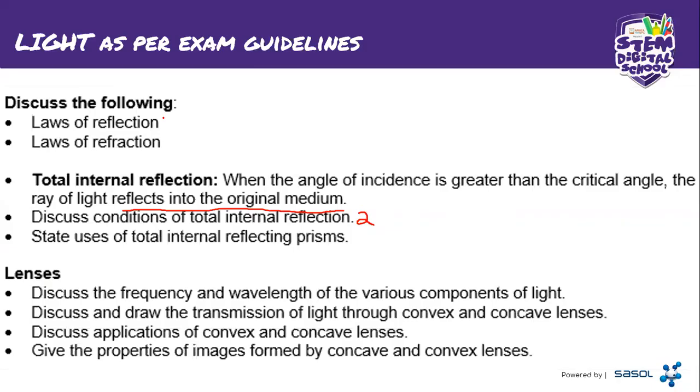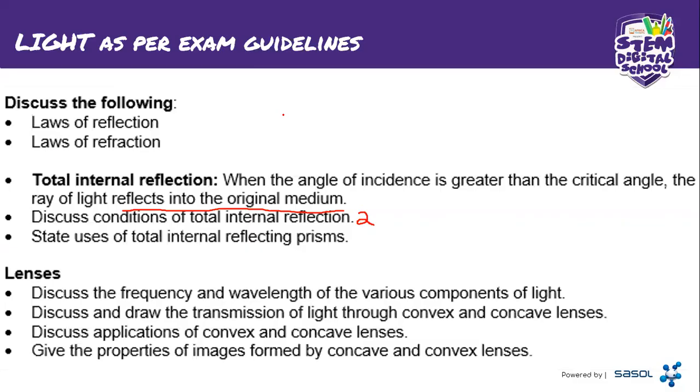Let us start with the first one. The law of reflection tells us that the angle of incidence is equal to the angle of reflection. We get a mark. Secondly, the law of reflection tells us the incident ray, the normal, and the reflected ray all lie in the same plane. That is the second mark altogether.